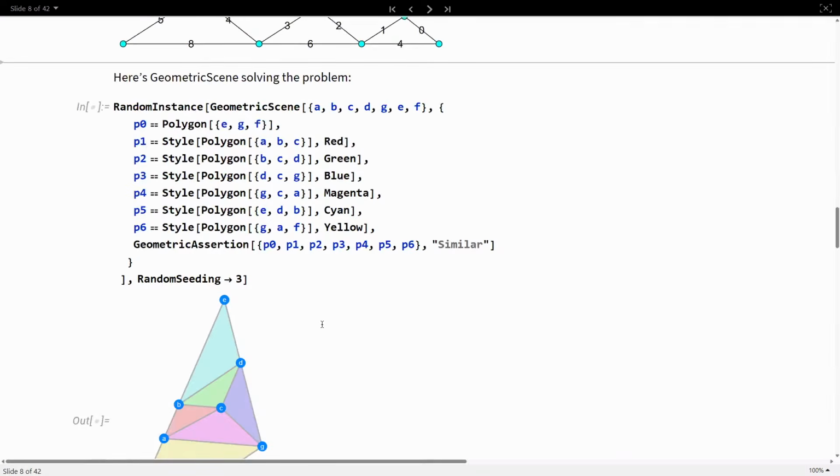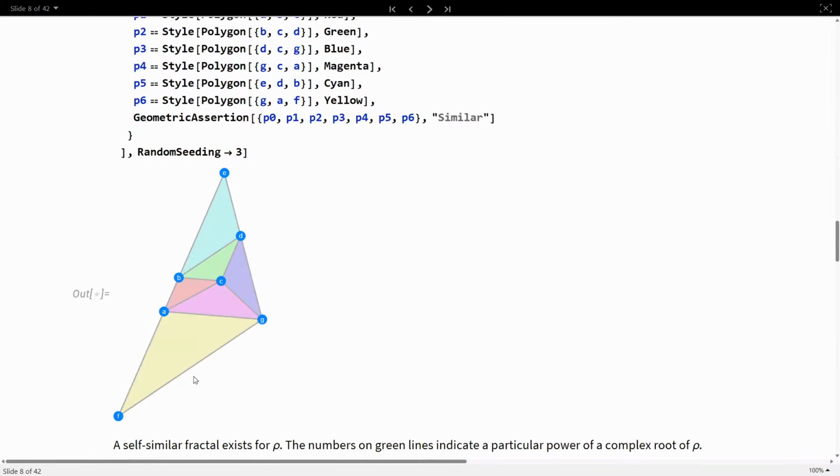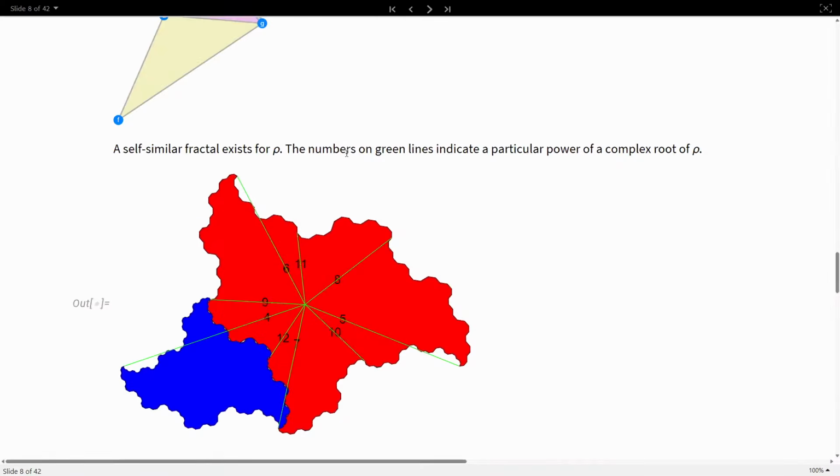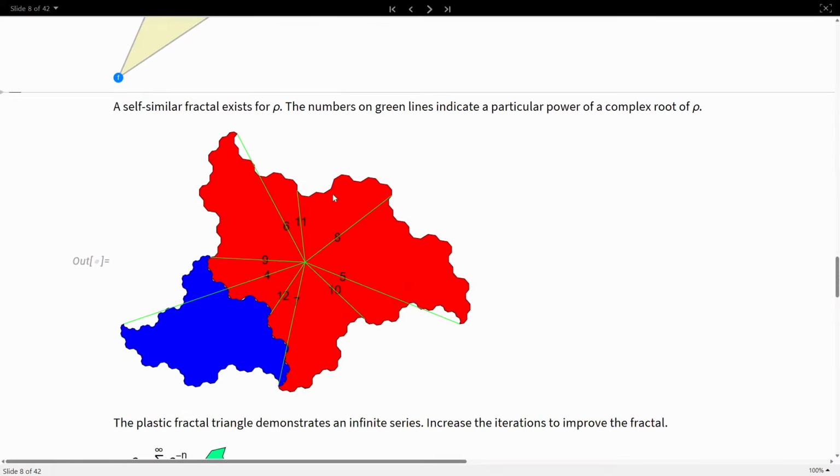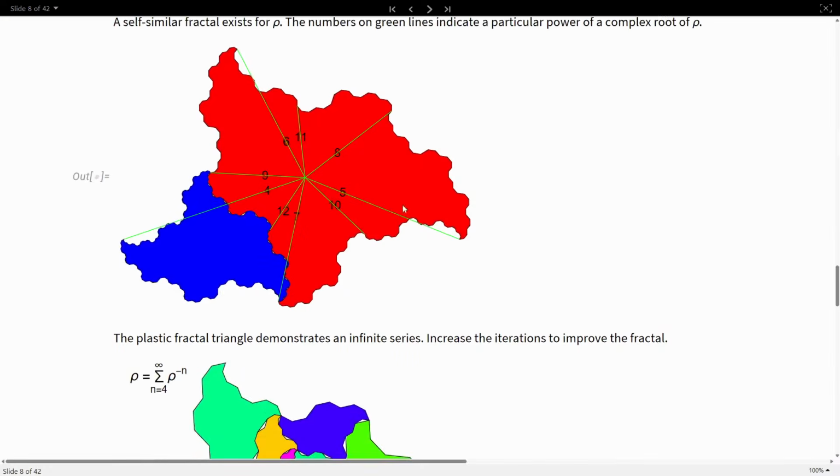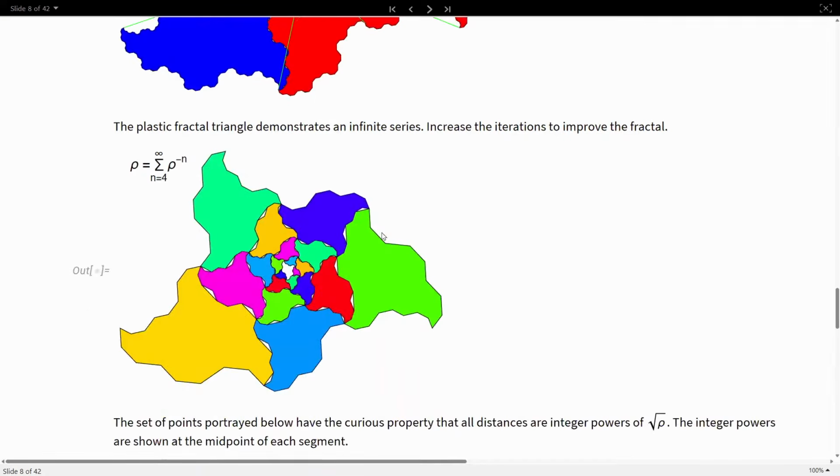And here's a geometric scene which solves the problem. If we take a complex root of the plastic constant, which is a complex root of x to the third equals x plus 1, if you take the fourth root and the seventh root and so on, you get these points in the plastic fractal triangle, which I show here.